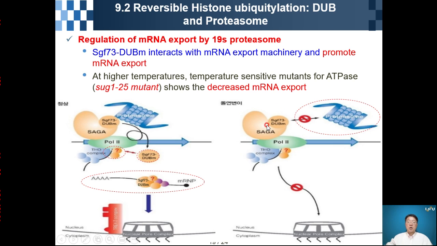So there will be no dissociation of SGF73 and DUBM. It means that they cannot bind to the mRNA export machinery, which decreases mRNA export. So in this slide, we briefly learned about another non-proteolytic function of 19S proteasome: it plays an important role in the regulation of mRNA export.